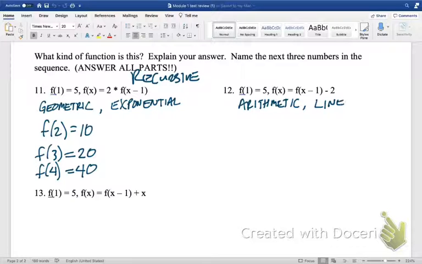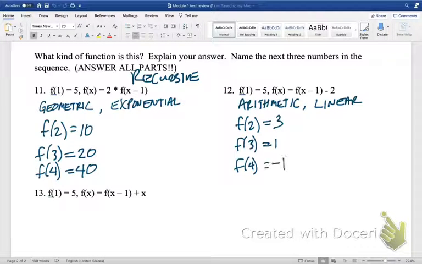And because of that, we also know that it will be a linear function. So we know f of 1, we need to find f of 2, f of 3, and f of 4. So starting at 5, we subtract 2, get 3, get 1, get negative 1.